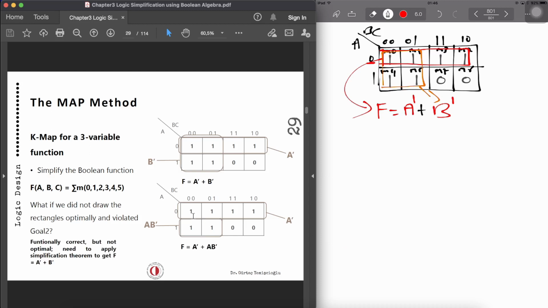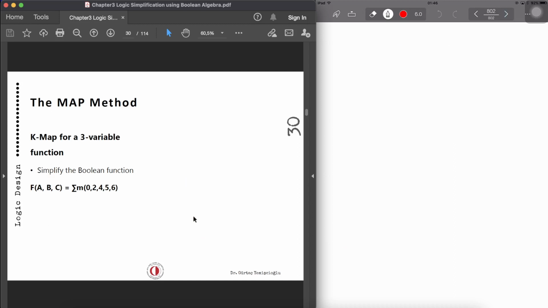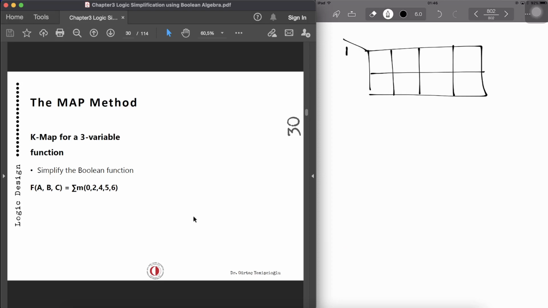Here is another example. Once again, we have to draw a three variable K-map with 8 squares. This is A, B, C, 0, 1, 0, 0, 0, 1, 1, 1, and 1, 0.